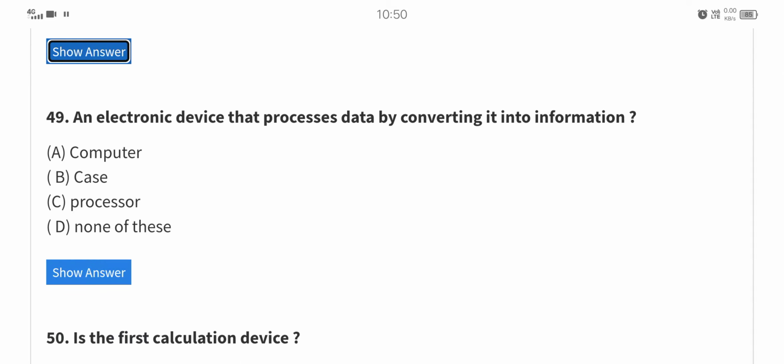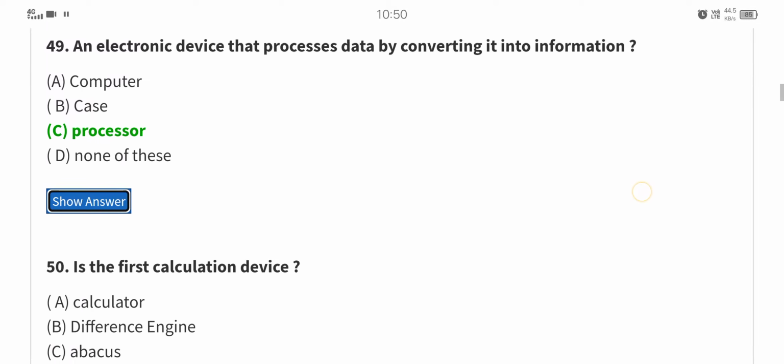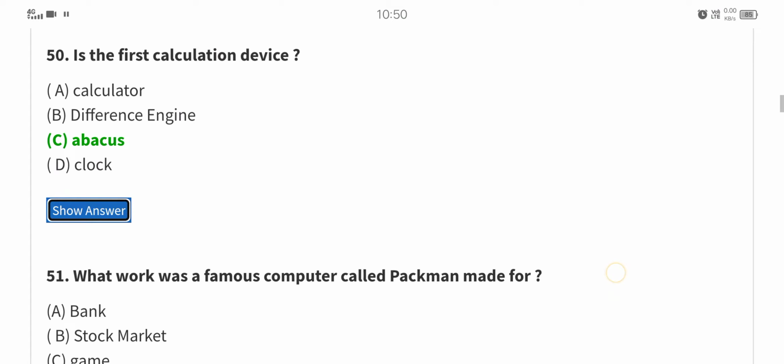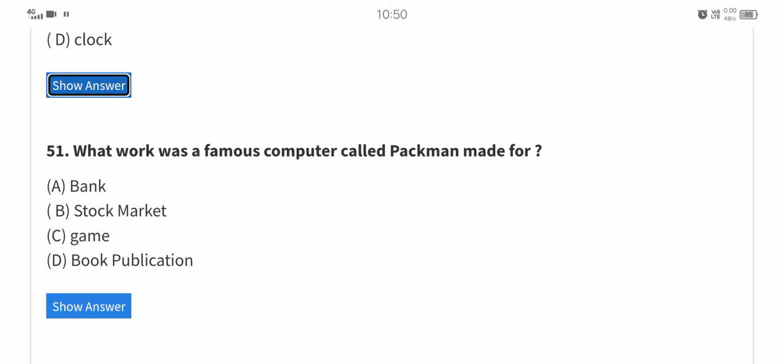An electronic device that processes data by converting it into information? Processor. Which is the fast calculation device? Abacus. What was the famous computer called Pac-Man made for?